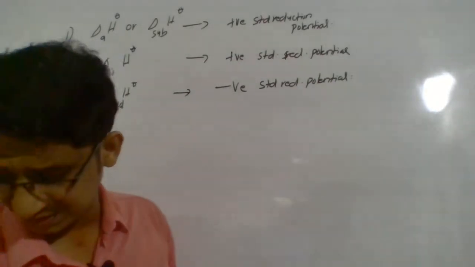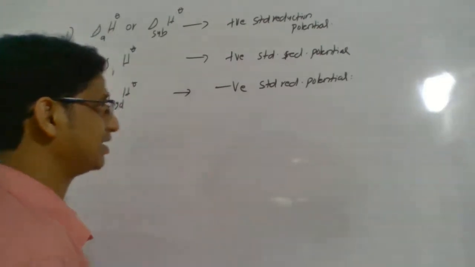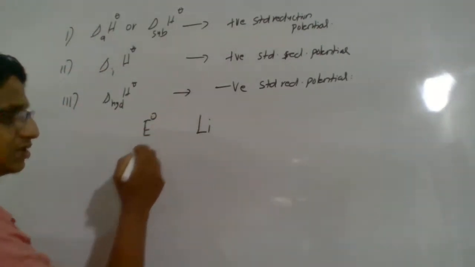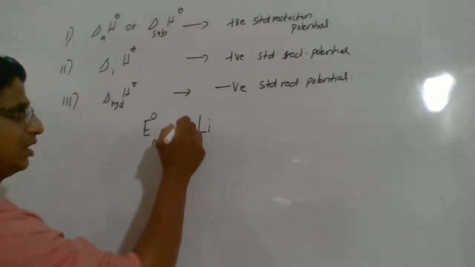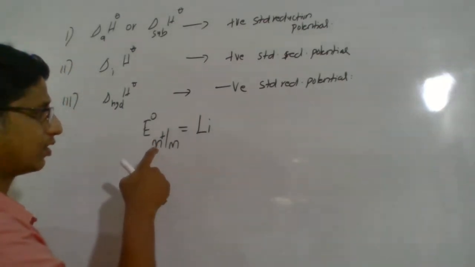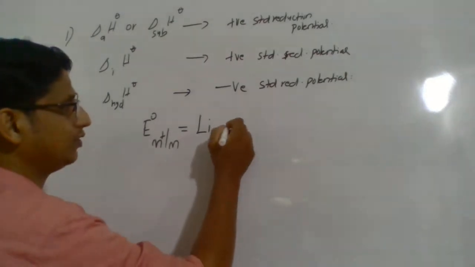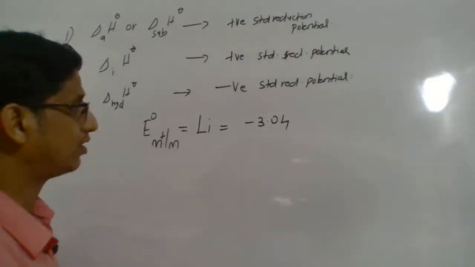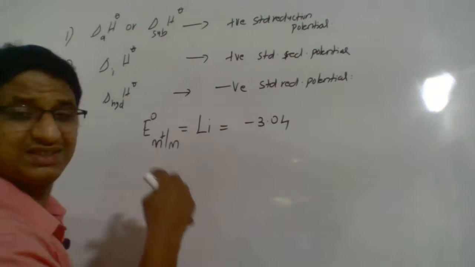Now let us compare the standard reduction potential value of alkali metals, and we saw lithium. Now we are talking about standard reduction potential value from M plus to M. The tendency to undergo reduction from metal plus to metal has a value of minus 3.04, which suggests that the tendency to undergo reduction from metal plus to metal is very less.